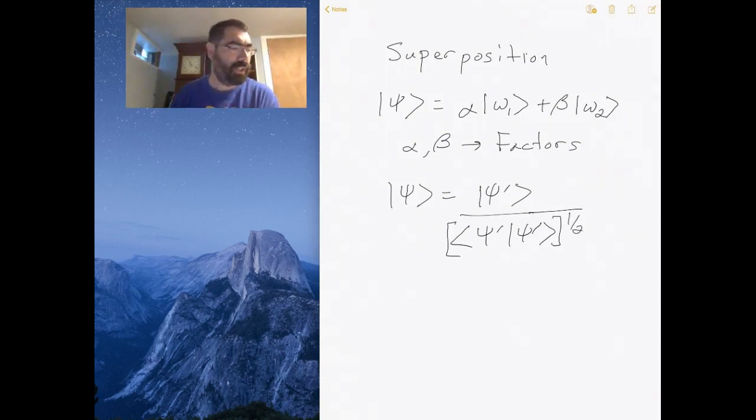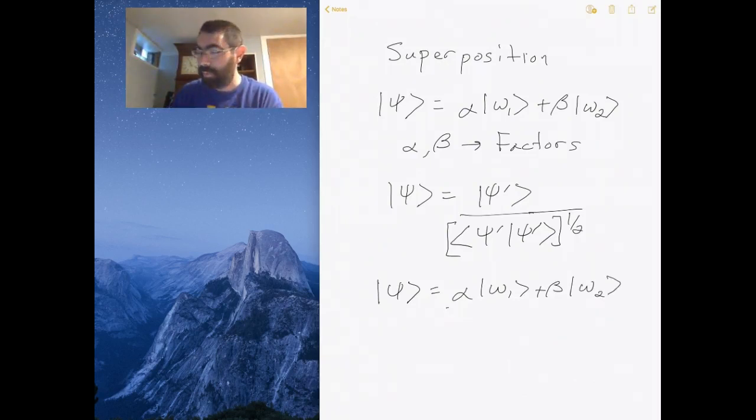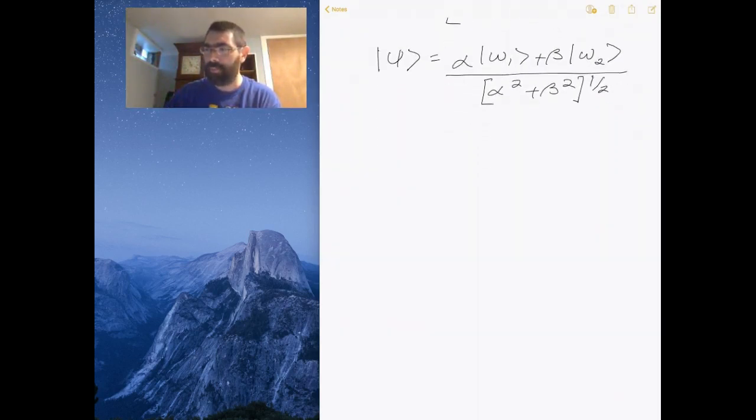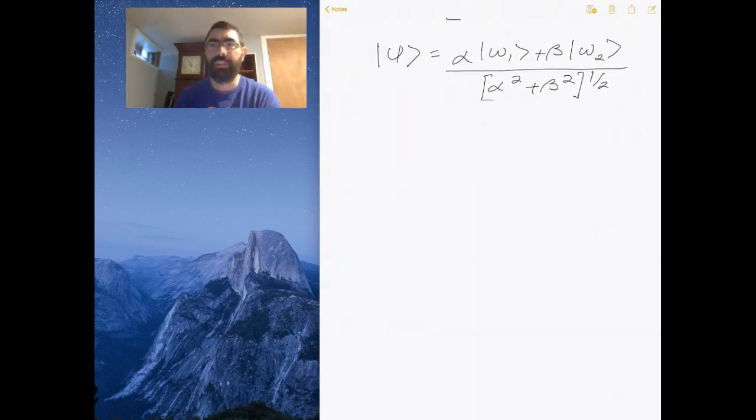In this case, our normalized state psi would be alpha times the first eigenvector plus beta times the second eigenvector, divided by the norm, which in this case would be alpha squared plus beta squared to the 1/2 power, like so. Okay, so this is our normalized vector.